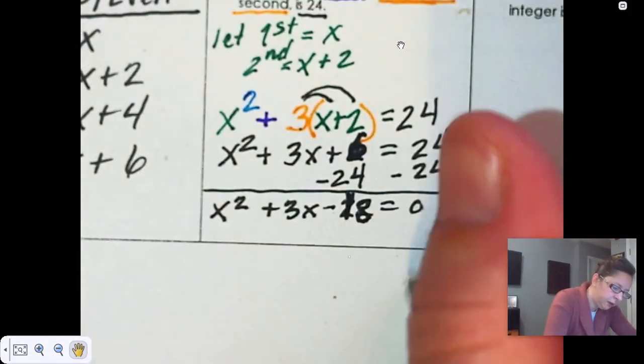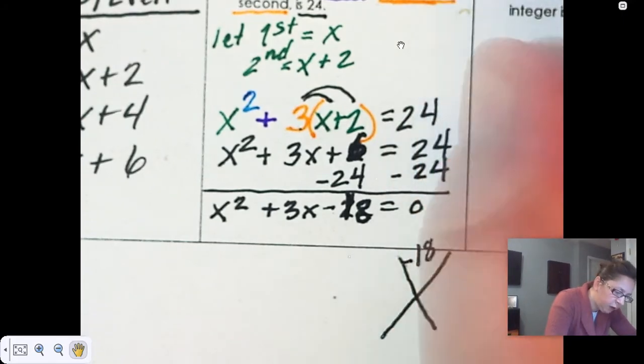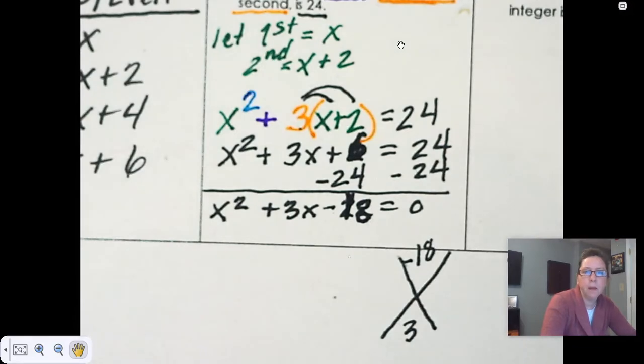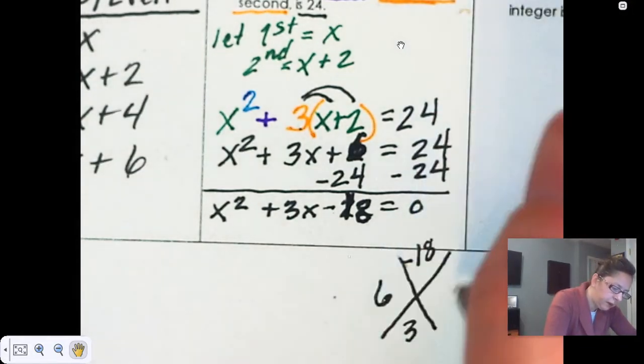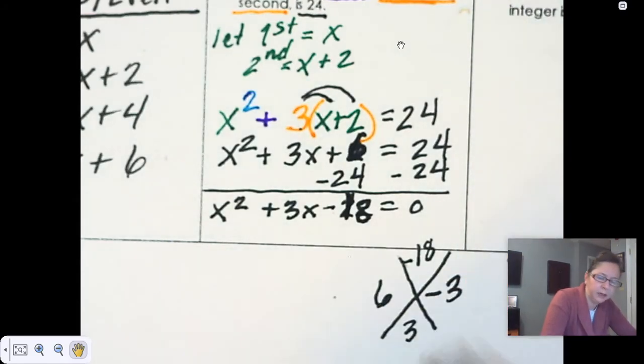So now when I put this into my X puzzle, the negative 18 is what goes on top. 3 goes on the bottom. Let's see. 6 times 3 is 18. And then if I did 6 minus 3, I'd get this positive 3 on the bottom.